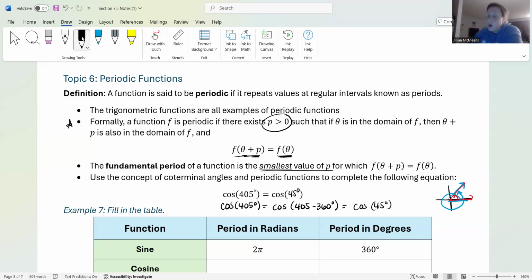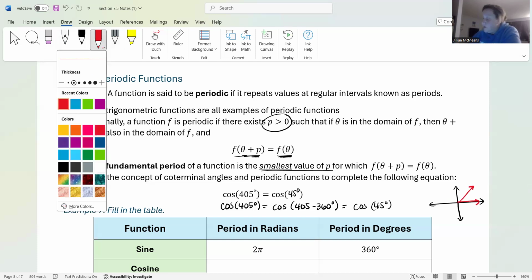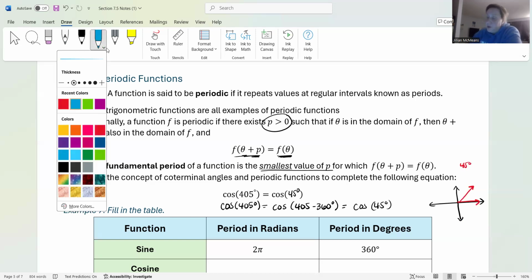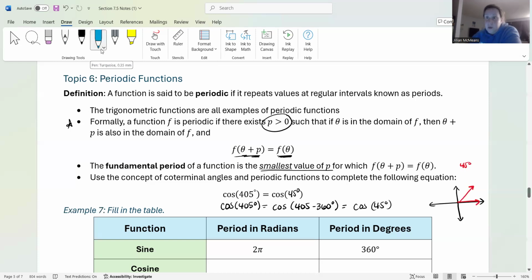So if I were to draw this situation, we kind of did draw it almost. We draw our first angle, which we know is 45 degrees, halfway between 0 and 90. So red is 45 degrees. And then let's do blue to represent 405 degrees.